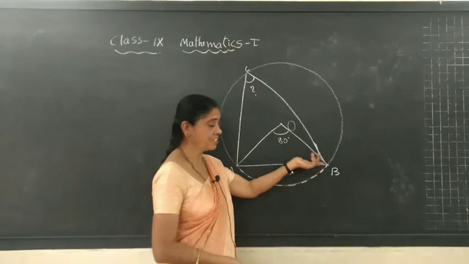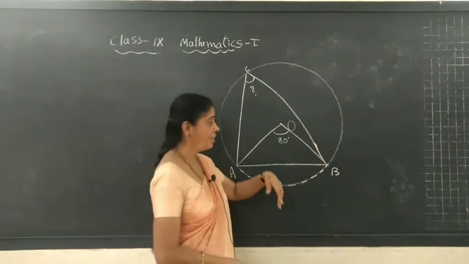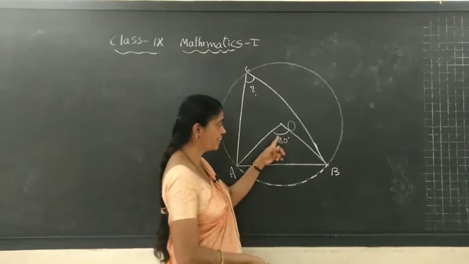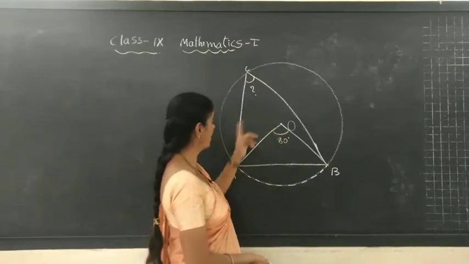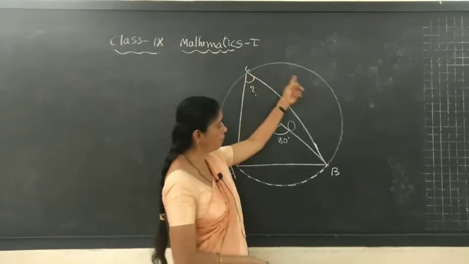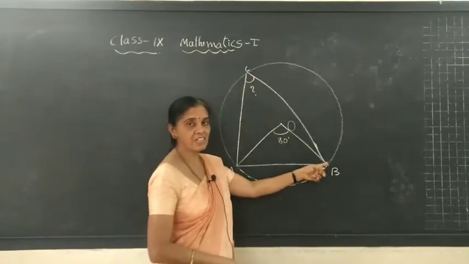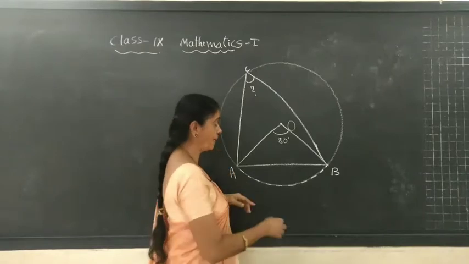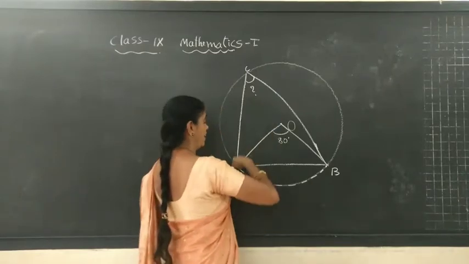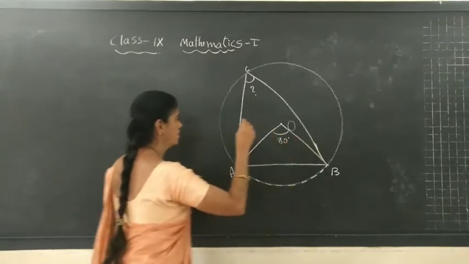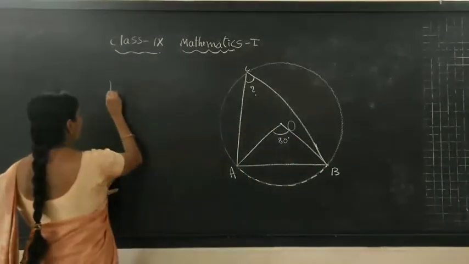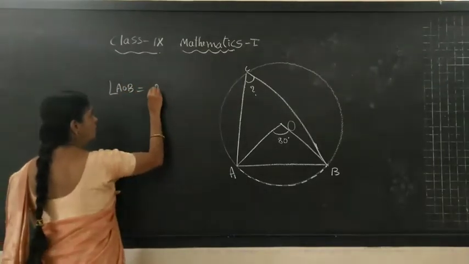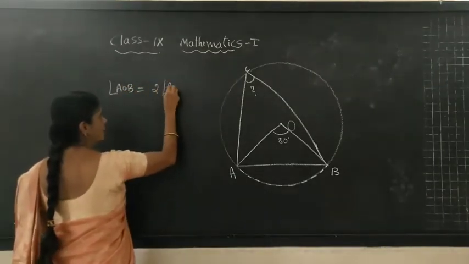So now, using yesterday's theorem idea, we can find the angle subtended by the chord at the center and by the chord on the other part of the circle other than the arc AB. If you apply yesterday's theorem, in this figure angle AOB is 2 times angle ACB.